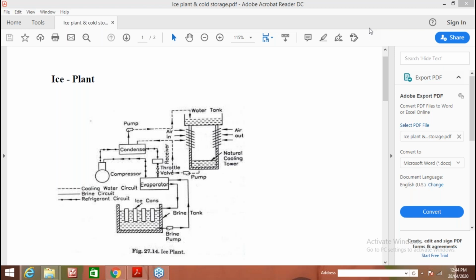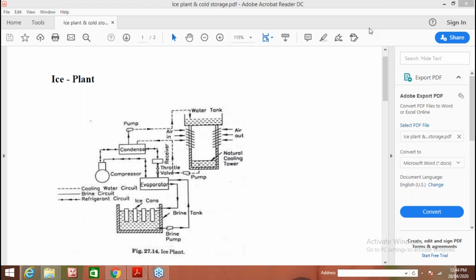After taking heat from the brine, ammonia vapor goes to the compressor where it is compressed, and this compressed ammonia vapor goes to the condenser where it loses its heat to the cooling water and becomes liquid ammonia. Again, this hot water goes to the cooling tower where it is cooled using natural air.